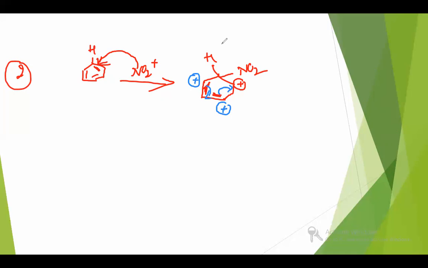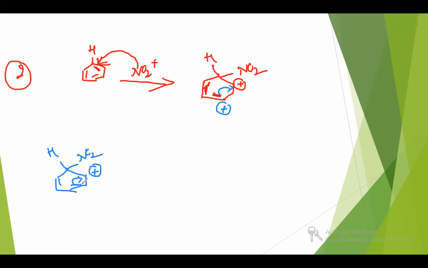So I'll write all three structures. This is the first structure, with hydrogen and the electrophile NO2 group. It forms a positive charge, so we have double bond and double bond.